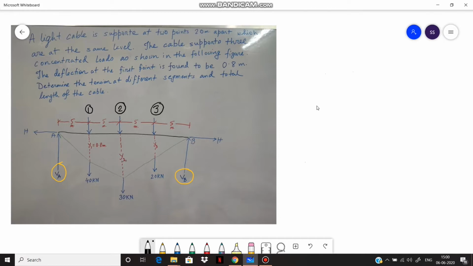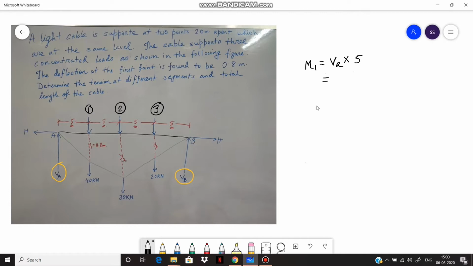So the moment about point 1, that is M1, equals to VA multiplied by the distance between point 1 and the force VA, that is 5.